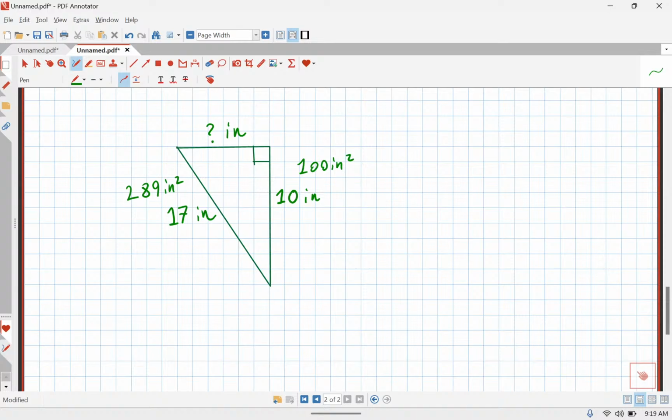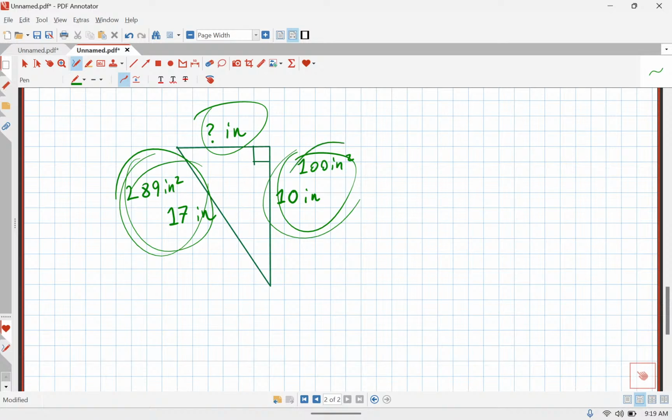Great. Yeah, because I know that the leg and the leg have to add up to the hypotenuse. So the hypotenuse minus the leg square is going to give me the other leg. That would mean that this square here is 189 inches squared.